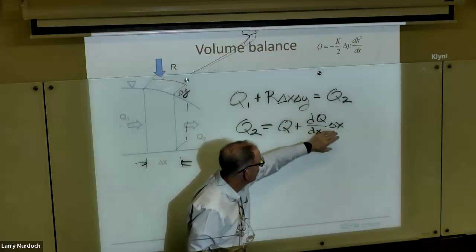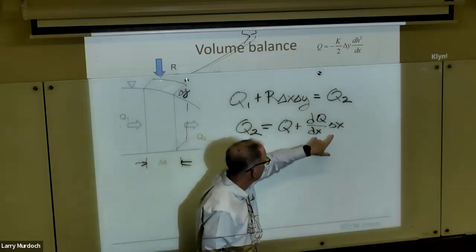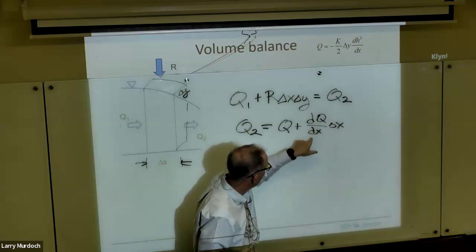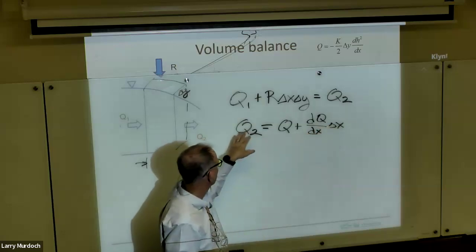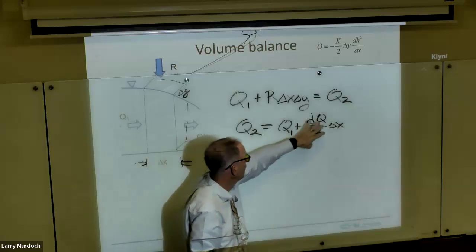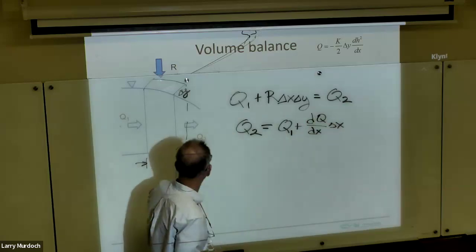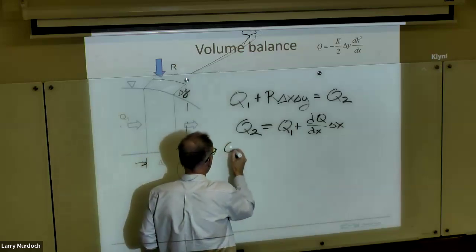That's the gradient, that's delta x. You can think of it conceptually that this part of the gradient and that delta x kind of cancel. So Q2 is equal to Q1 plus a little change in Q that occurs over that length.